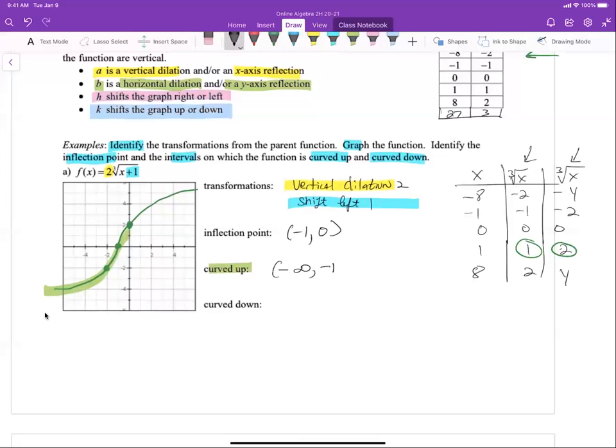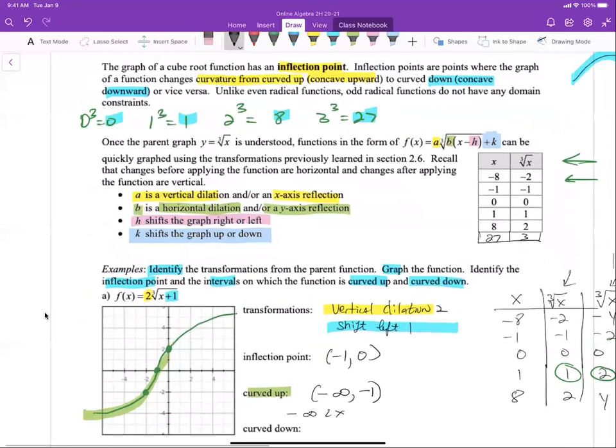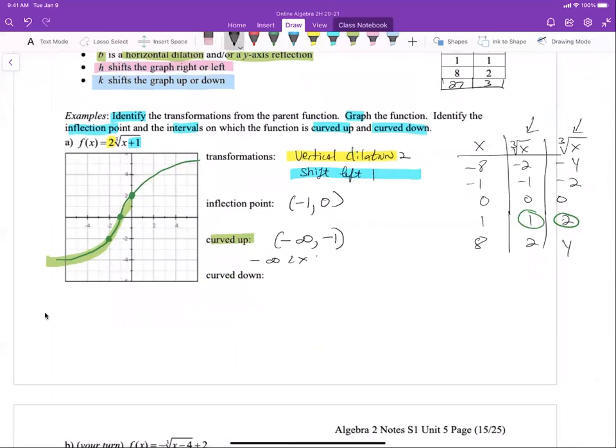The -1 is at the inflection point. You do not include it. This is the same as x is greater than -infinity and less than -1. And this is just in set notation.